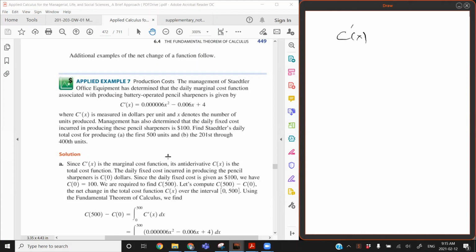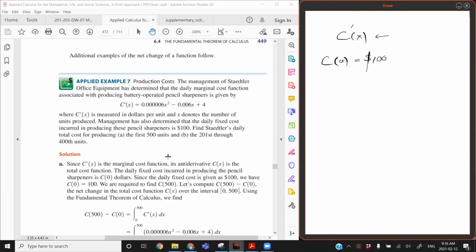Fixed cost, we talked about this before, is simply C of 0. That's the cost of producing nothing: $100. So basically, this is an initial value problem. You're given the derivative, and from the derivative you can find an antiderivative, which is going to be the cost function.